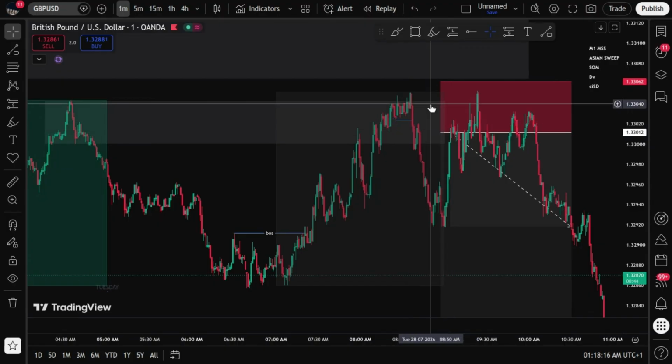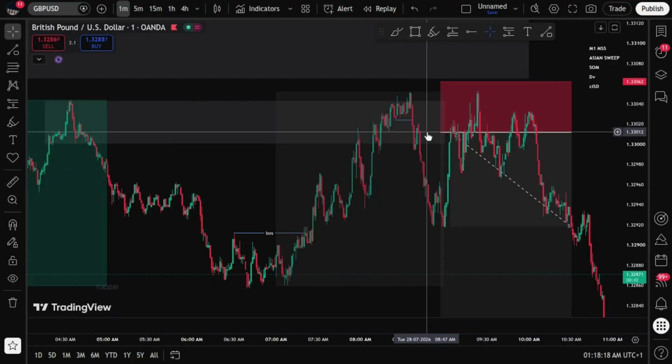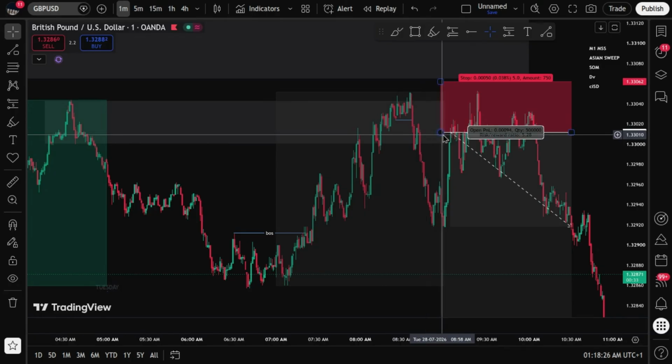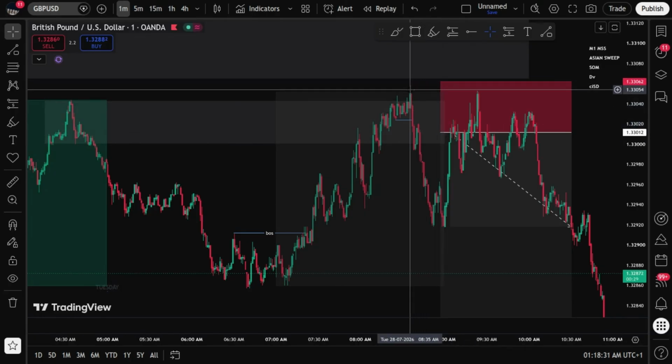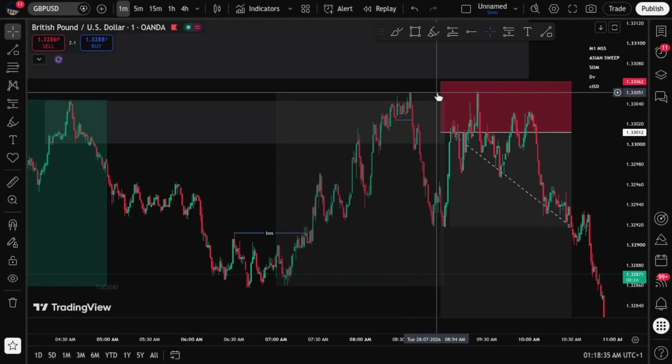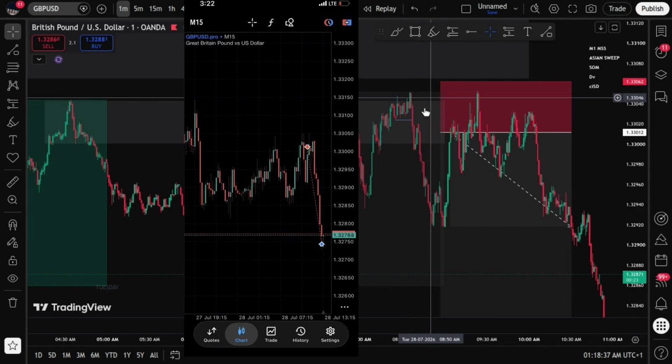The reason why my entries here are not on the extreme is very simple. As you can see, there's a market gap here. I always cater for the market gap, because when there's a market gap, price is most likely to come back to that market gap. So that's where I put my entry, and then I give 5 pips here, a little bit of breathing space because of spread. And if I didn't, I would have been taken out.